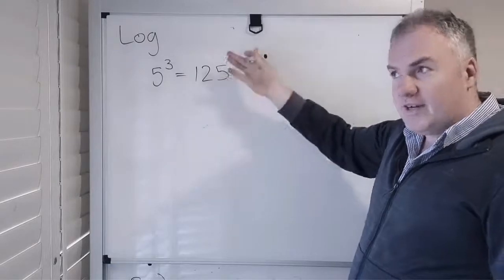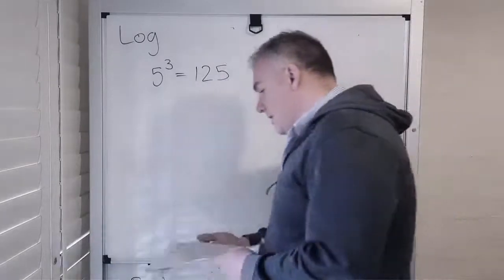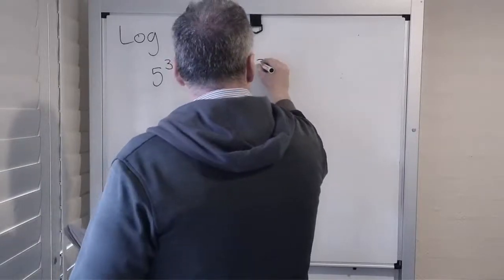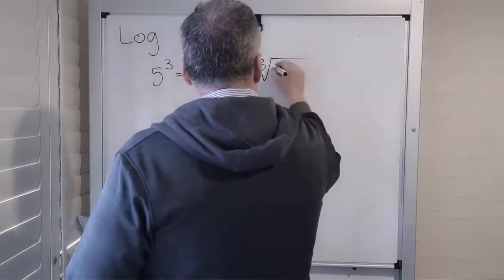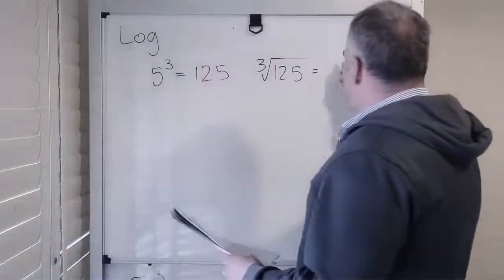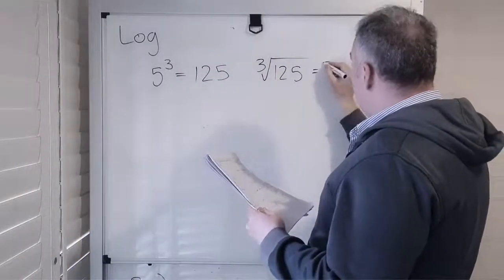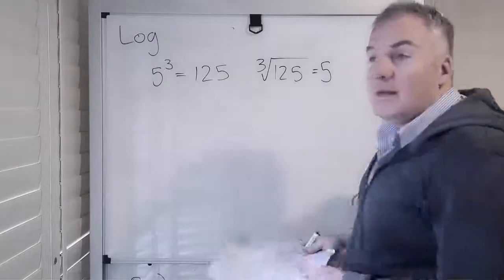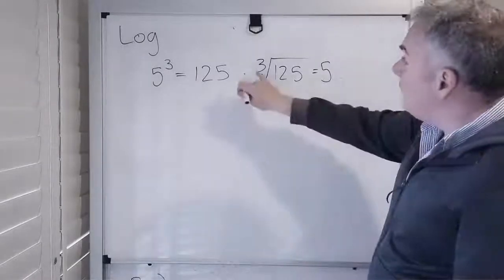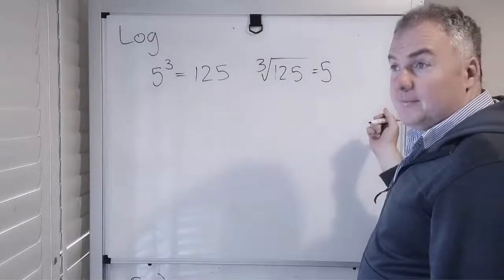Then you can rearrange that. The third root of 125 is what? And that's 5. Now logs help you rearrange this to make 3 what you're trying to find.